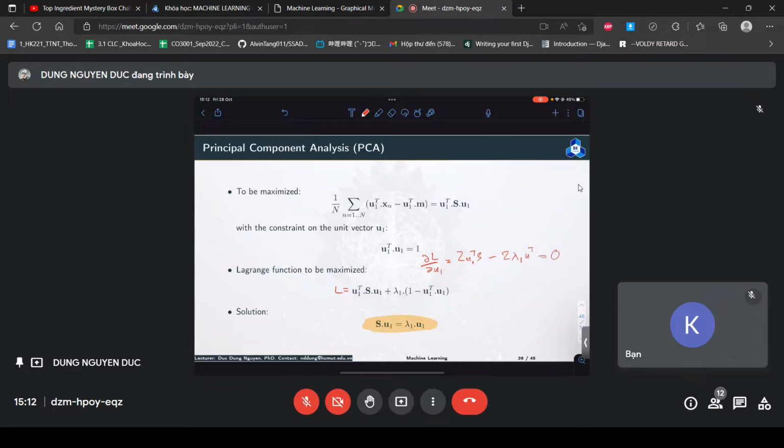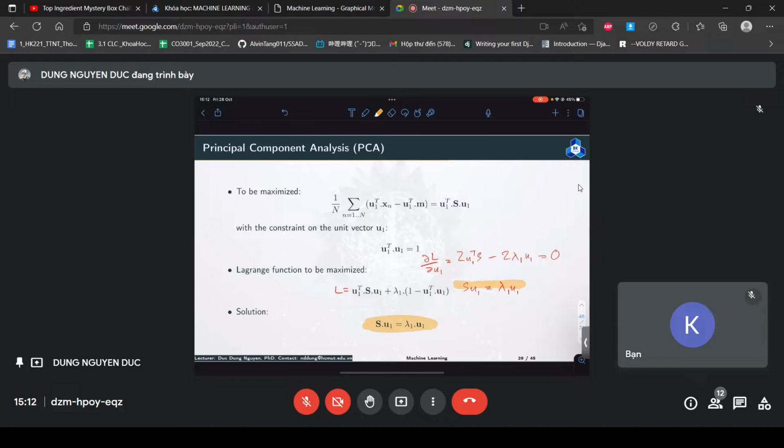And that gives you exactly what I'm saying. Instead of writing U^T S, I can write S U1 equal to lambda 1 U1. Okay. Oh, I don't have T here. I don't have T over there. Oh, yeah. That's right. So this is exactly what we end up with.